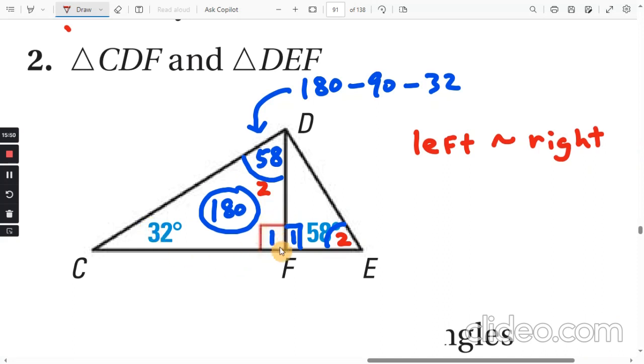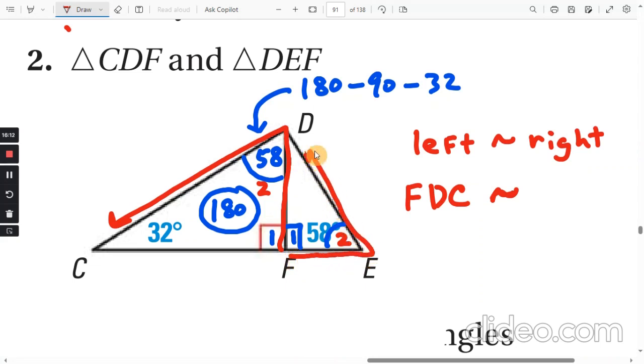So right here, it's going to be F, and then D, and then C. So that's going to be F, D, C. I didn't make the triangle symbol, but that's okay. And the one on the right, I'm going to go 1, 2, 3. F, E, D.